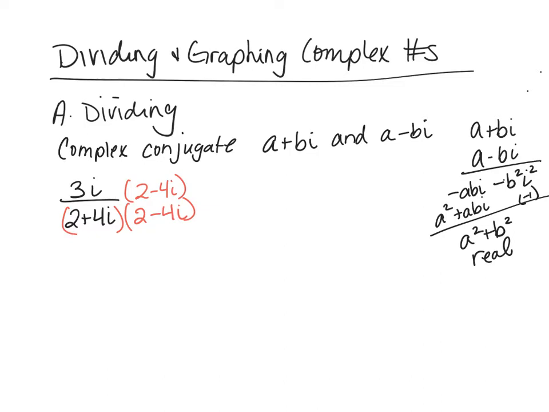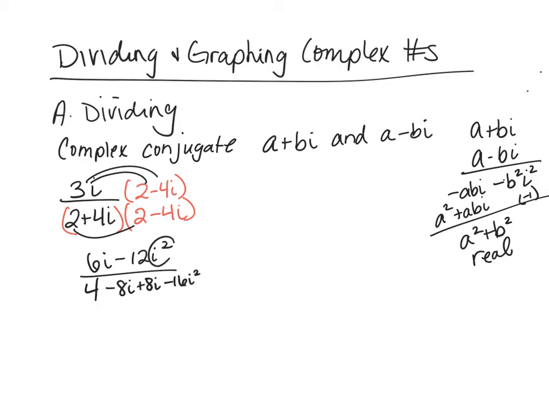So 3i times 2 is 6i, and 3i times negative 4 is minus 12i squared. And then in the denominator, I get 2 times 2 is 4, and I get minus 8i, and then I get plus 8i, and I get minus 16i squared. And remember, i squared equals negative 1.